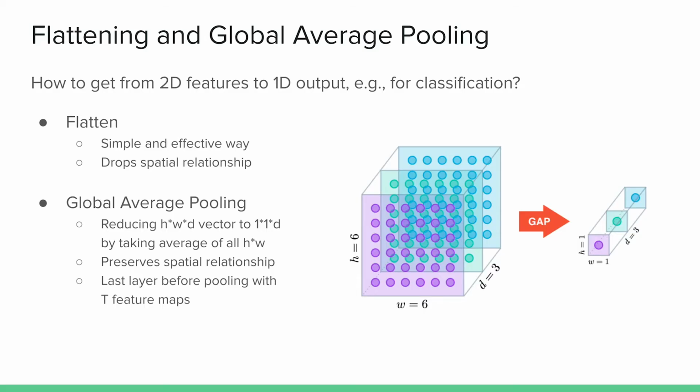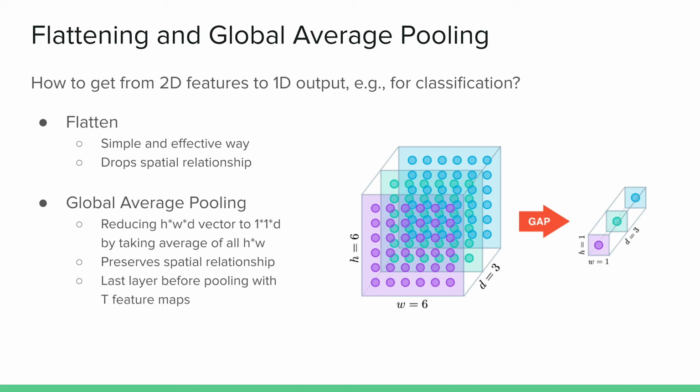But there's also a different idea of not flattening, but actually doing something called global average pooling. And what it does is it takes, per feature map, the entire input and reduces it to a 1x1 output. So that's the global average pooling, and it just takes the average of all of those inputs from one feature map and produces a single output.